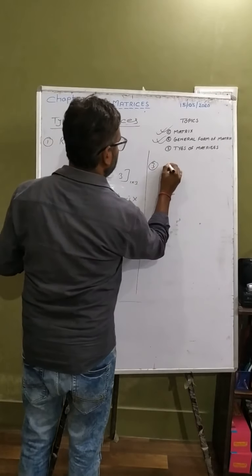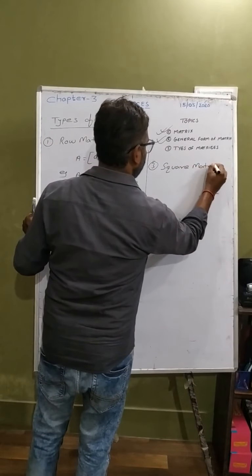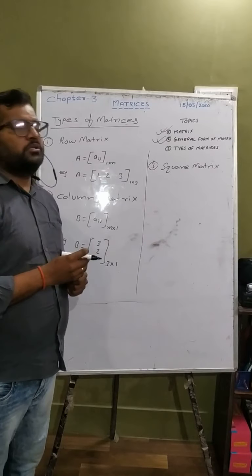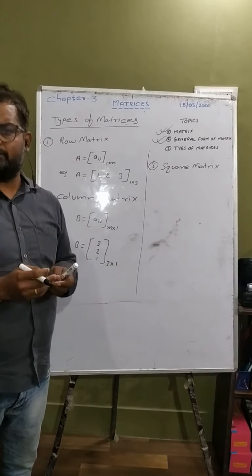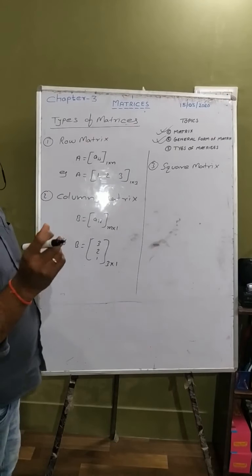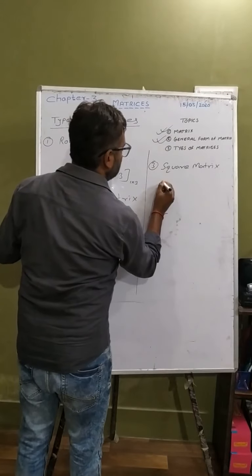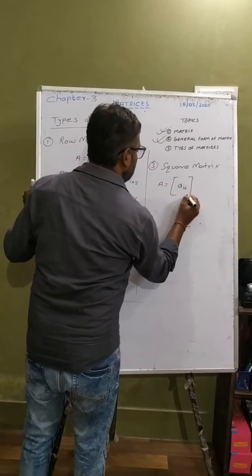Third, square matrix. A matrix in which the number of rows and the number of columns are the same is said to be the square matrix. The general form of the square matrix is Aij.